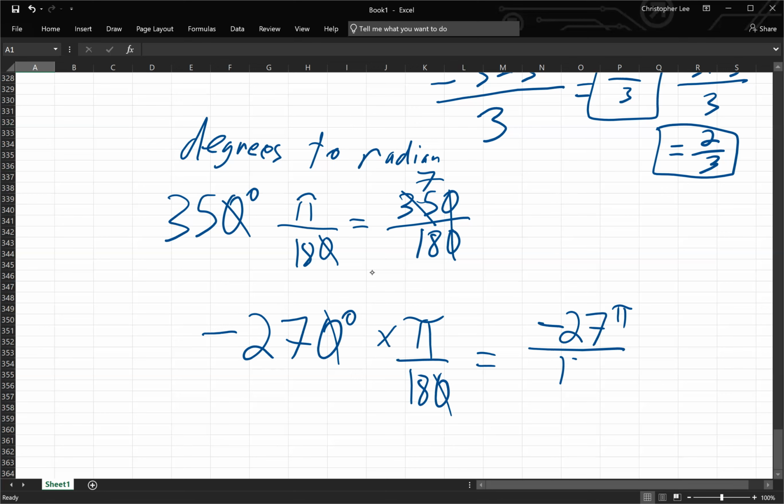And then 9 goes into 18 twice. 9 goes into 27 3 times. So negative 3 pi over 2. That's it. The point is, all your questions, divide them by 180, put a pi next to the answers.